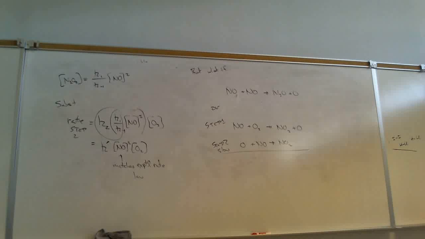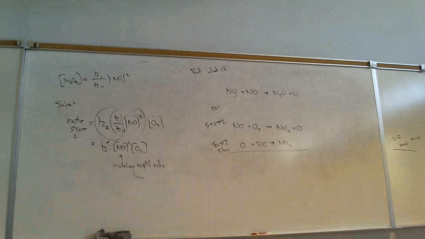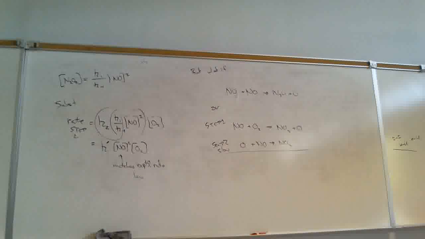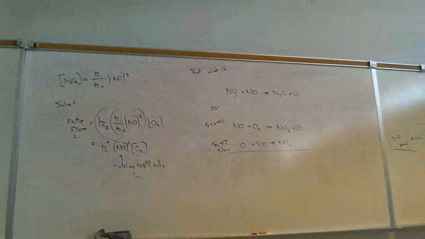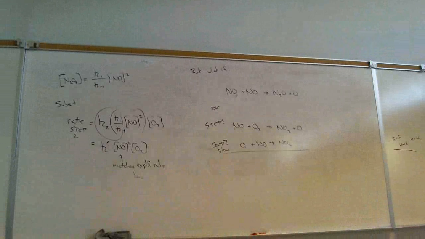And second order means if you triple the concentration, then the rate should go up 9 times. The second order would be square. So first order means whatever I did to concentration, same thing happened to rate. Yes.